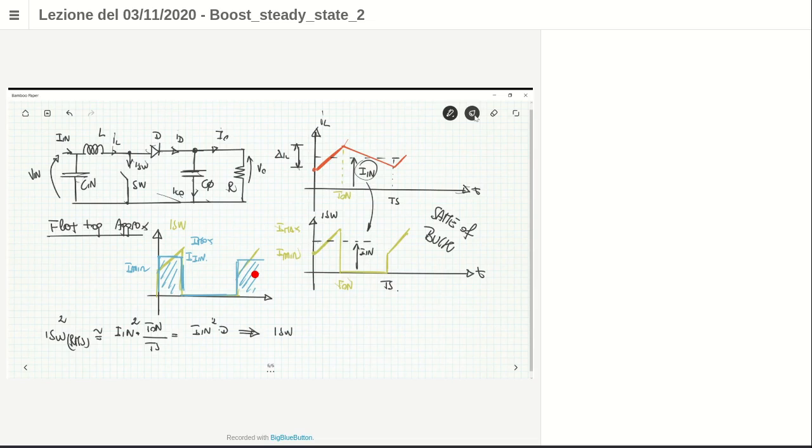Take the square root, and I get the root mean square value, which is I in multiplied by the square root of the duty cycle. The current I in is the current I naught divided by 1 minus d. So it is V0 over R, 1 minus d.